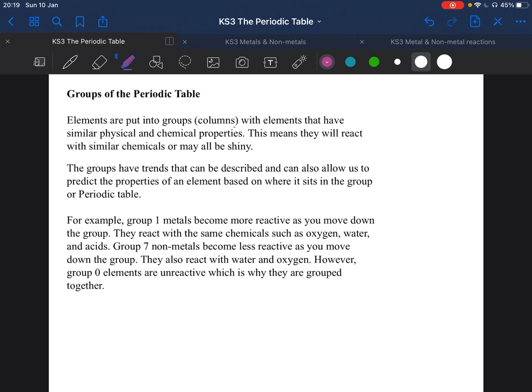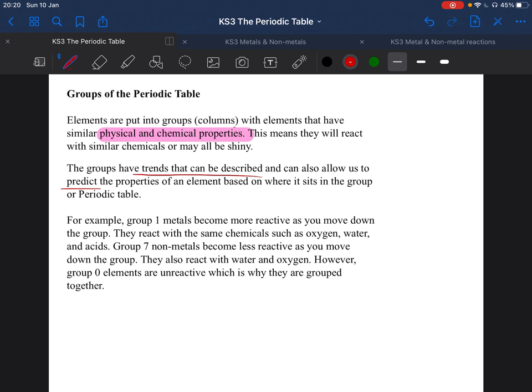Okay, guys, so let's look at our groups in a little bit more detail. So I've already said this once before, but the thing to remember is when we put things into our groups, we put them in based on their physical and their chemical properties. So groups have these trends that you can describe, and you can then predict where something would be based on its properties. So for example, if it reacted with water in a particular way, you may be able to place it into group 1 and in a specific spot on group 1 based on how it reacts with water.